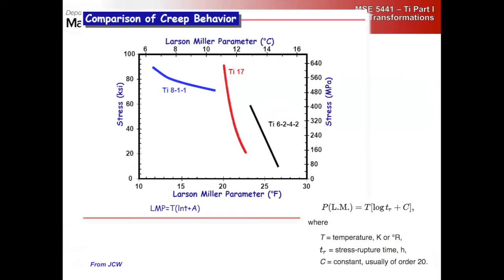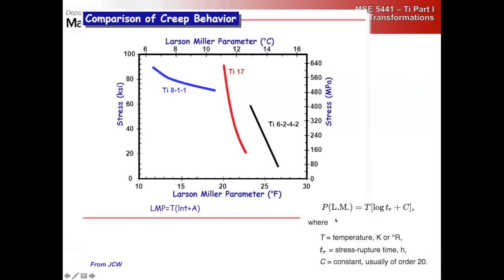Basically, the idea is that this is just a way of looking at large amounts of long time creep data, right?